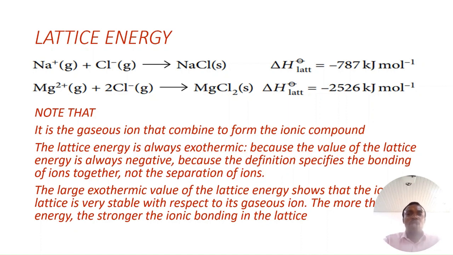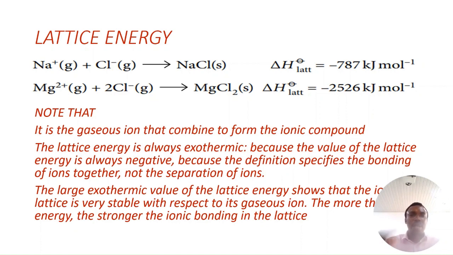So magnesium chloride is more stable and has a stronger ionic bond. So these are equations representing the lattice energy. They can give you an ionic compound and ask you to write an equation to represent the lattice energy of this particular ionic compound.